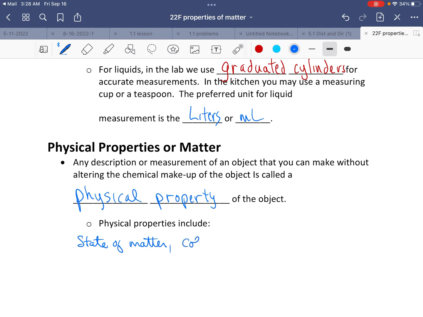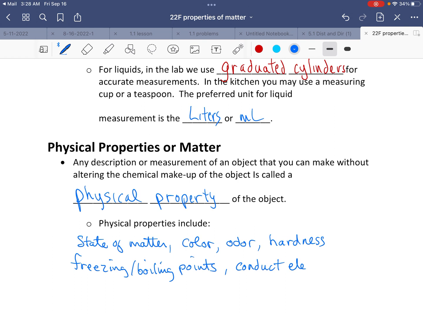The color, odor, hardness, freezing and boiling points. Does it conduct electricity? Can it dissolve in water or something else?